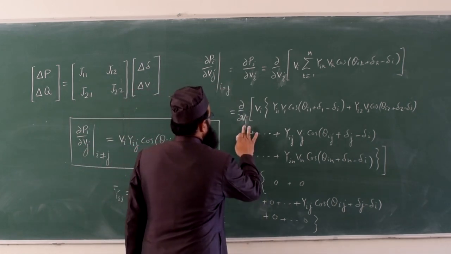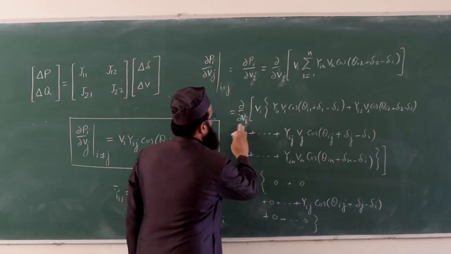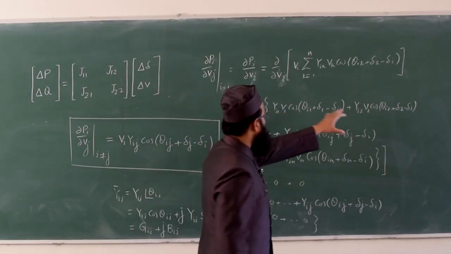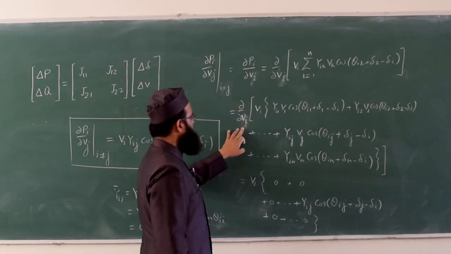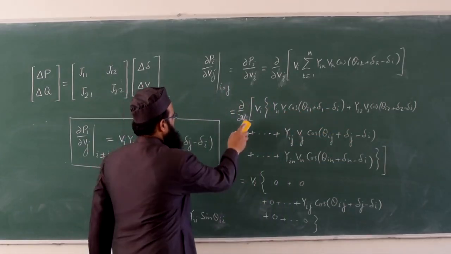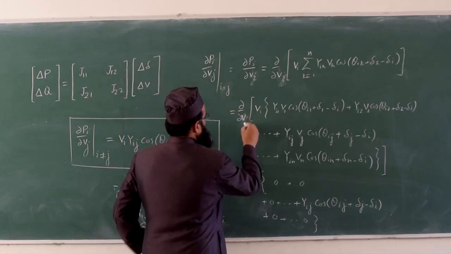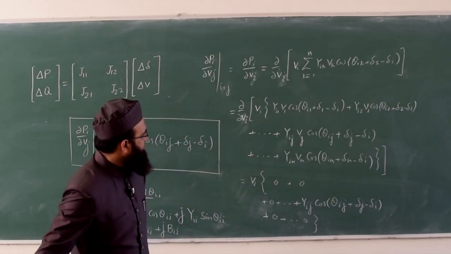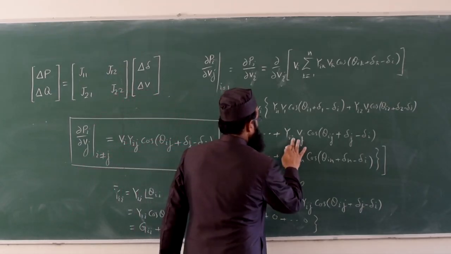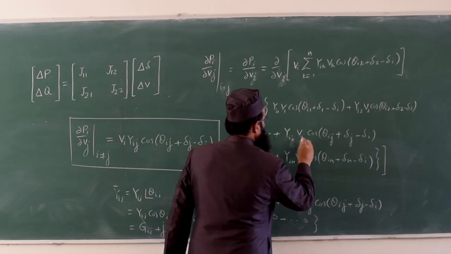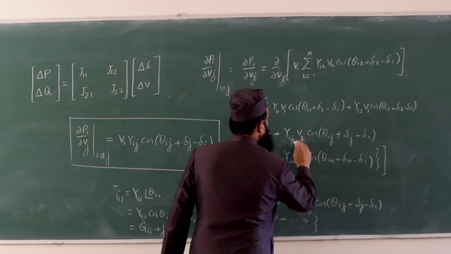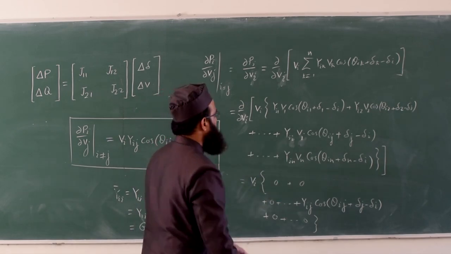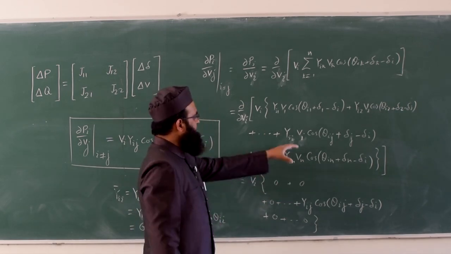So, all terms are depending on Vi. Right here, in the ith term Yii, one more Vi is there, that is Vi into Vi square term will be there in the ith term. That is the difference between this term and other terms.